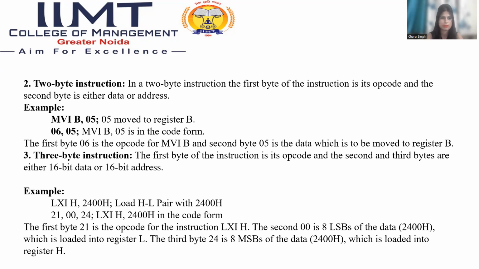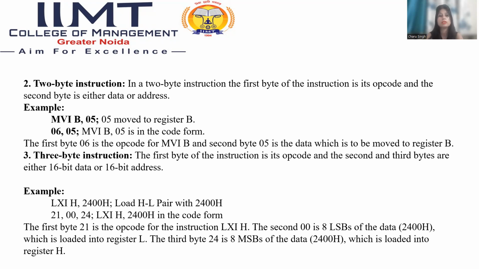Then we have 3-byte instructions. The first byte of the instruction is its opcode, and the second and third bytes are either 16-bit data or a 16-bit address. Let's talk about an example: LXI H, 2400H, which loads the HL pair with 2400H. In code form it is 21, 00, 24.